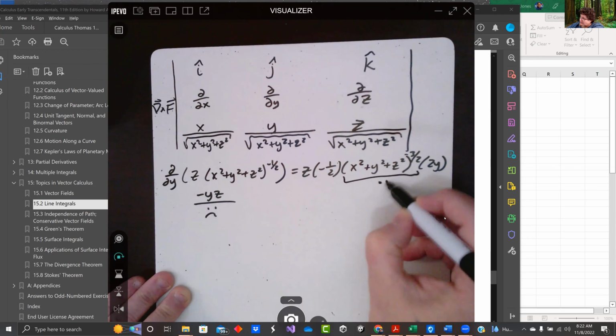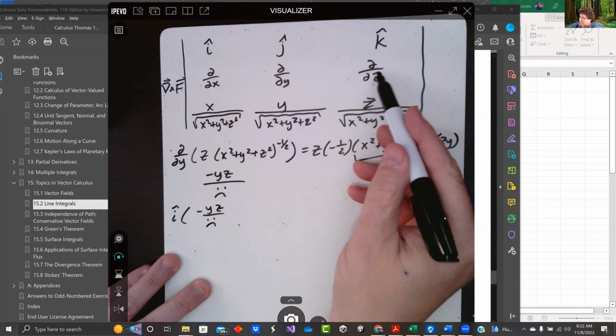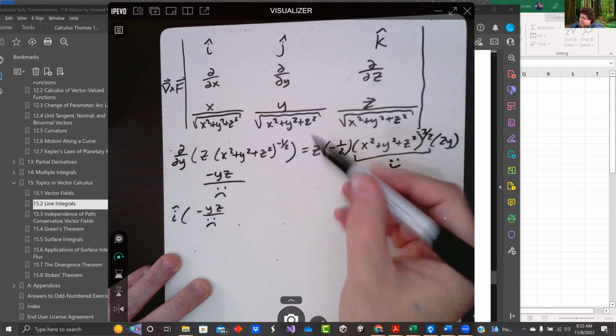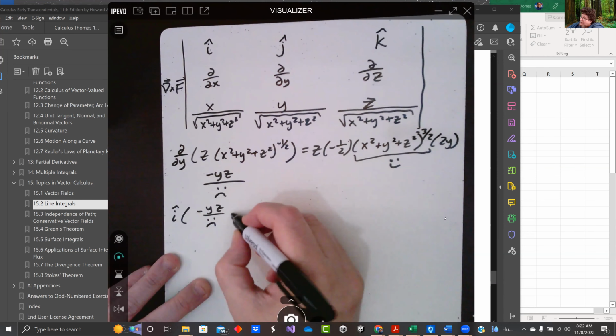All right, so let's see what happens when we do our i. That should follow a pattern. I've got -yz over frowny face, and I'm going to subtract dz dy, which should give me the same thing, but written as zy over frowny face.